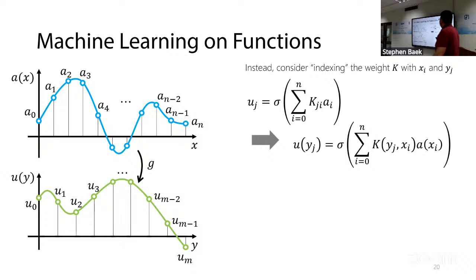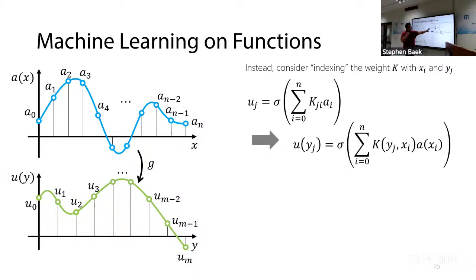In the original formulation, we have the discrete indices i, j. So k_ji is the weight value connecting the ith input a_i with the jth output u_j. So we have some n by n matrix filled with those discrete values that connect the ith value in the input signal with the jth value in the output signal. So that's what happened over here.